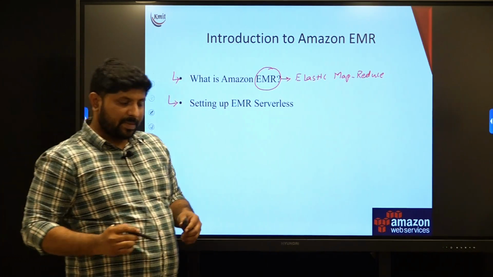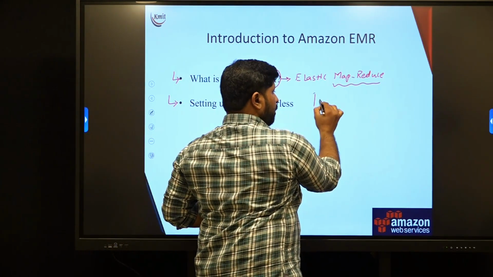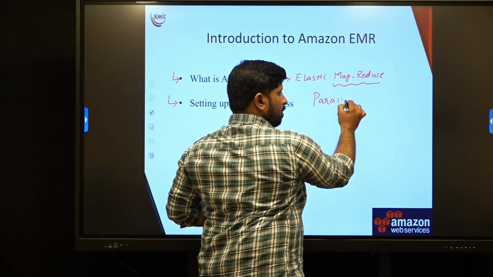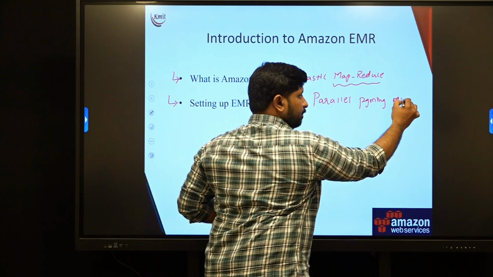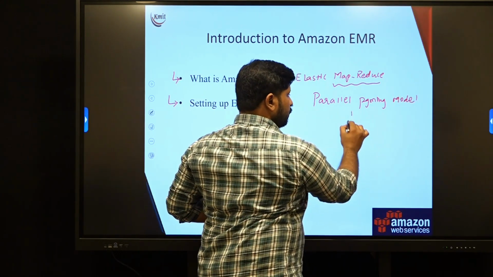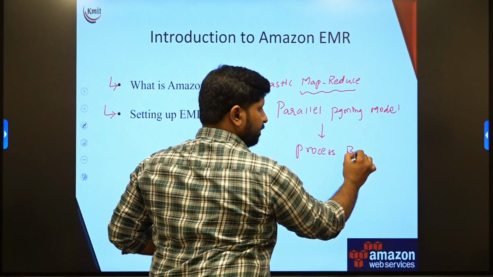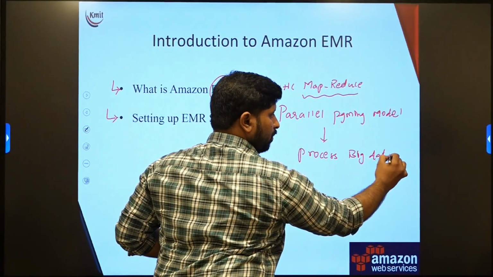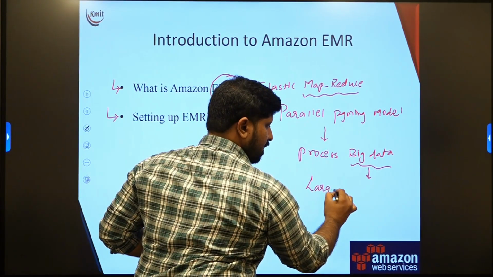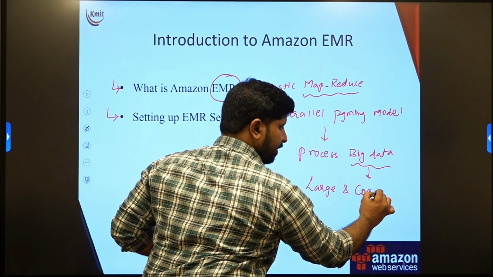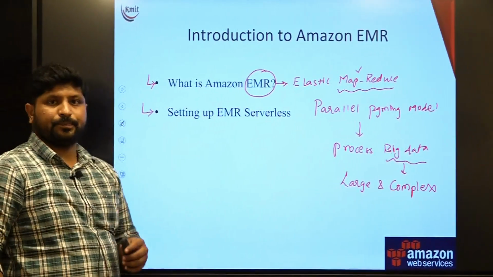When I am saying Elastic Map Reduce, then MapReduce is a parallel programming model used to process big data, or else we can say large and complex data can be processed using MapReduce.